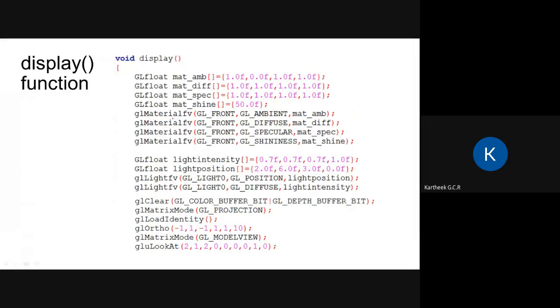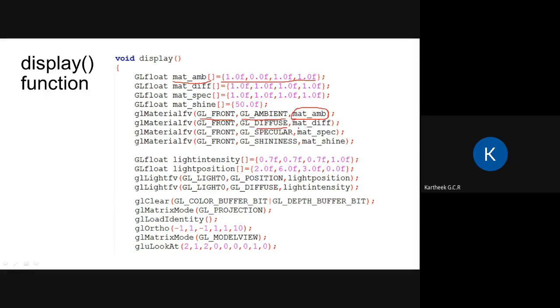And using glMaterialfv in the front buffer, you are selecting GL_AMBIENT as the parameter and giving the name of this vector as the parameter. So basically, these values OpenGL will consider as the ambient property of the material.